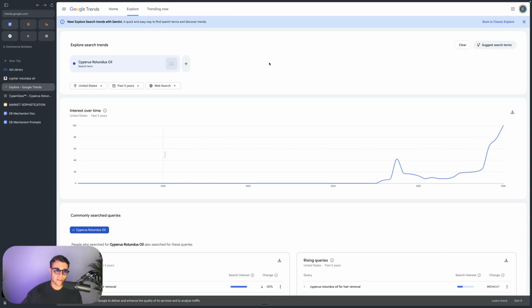Now, this ingredient here, Cyperus rotundus, is a plant. It's extracted from a plant.